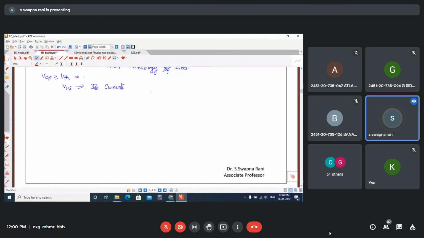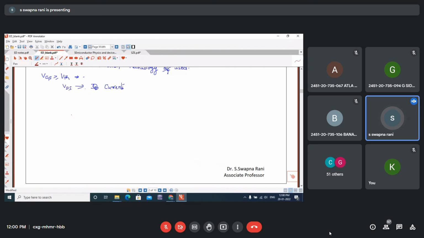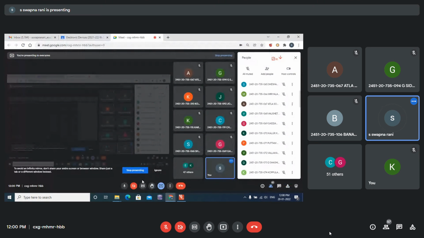So the VI characteristics of the MOSFET, we'll see tomorrow. Is it okay? Or shall I continue? You said we had some activity.